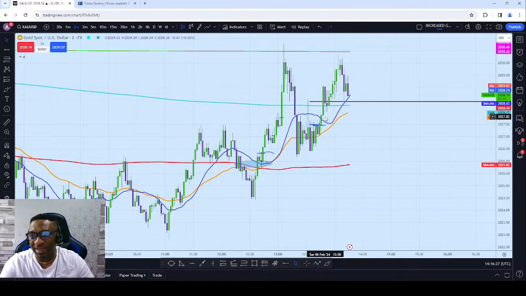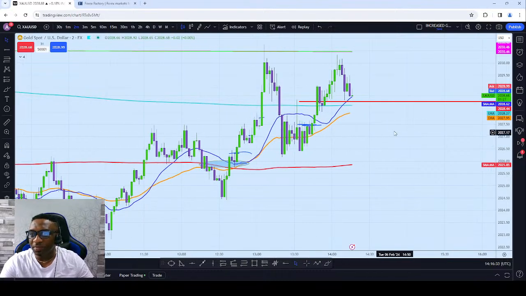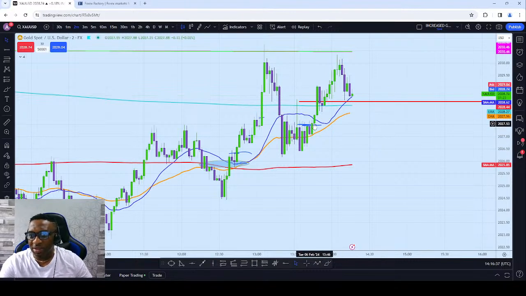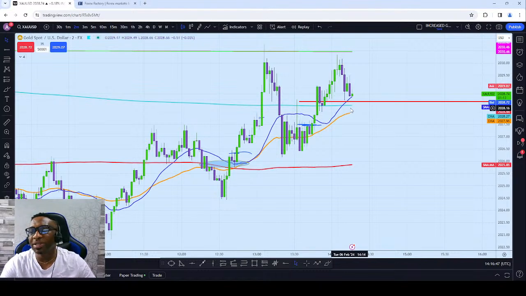What we are doing is we are trading what we are seeing. So whatever happens, if it goes in our direction, great. If it doesn't, we have our protection there to take us out with a small loss. Then we look for the next opportunity.